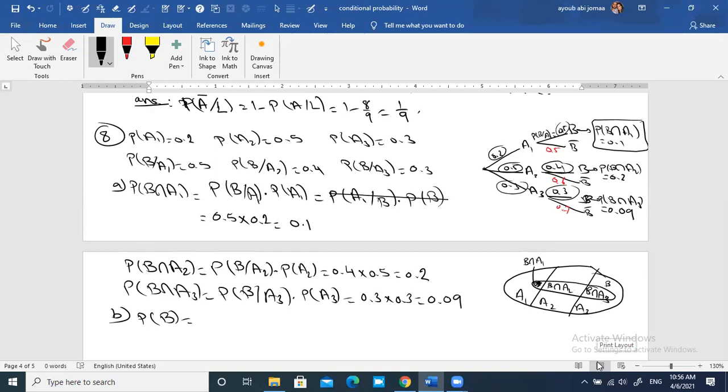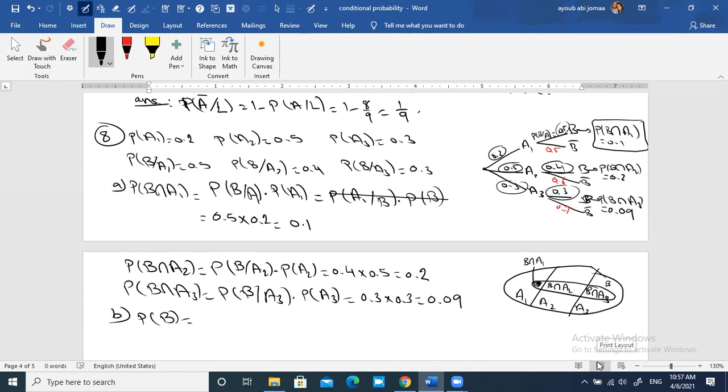So they are disjoint, or let's say incompatible, mutually exclusive, and they form the sample space. The union of these events forms the sample space. This is the condition: in order to apply the total probability, this condition must be satisfied. Here they form a partition, and it is stated that they are incompatible events and the sum of the probabilities is 1, meaning they form the sample space. 0.2 plus 0.5 plus 0.3 is equal to 1.